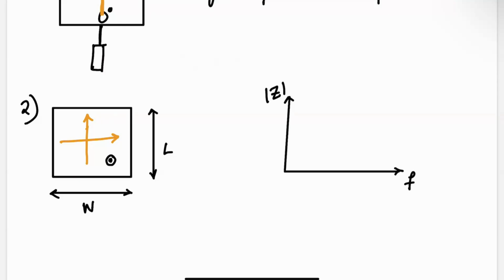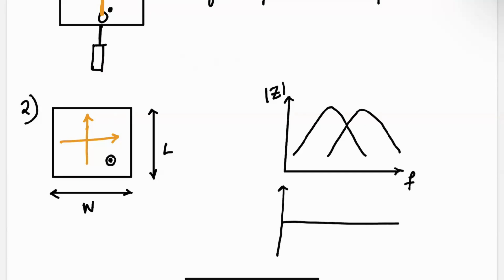So now I have two peaks, and they correspond to two different polarizations. And if I look at the phase of the impedance, one of them is like this, the other one is like this.